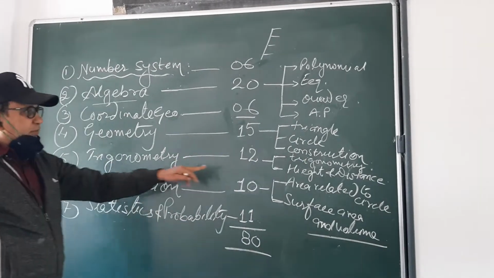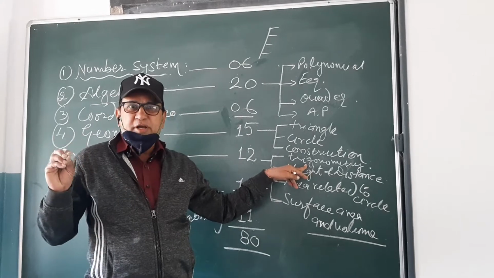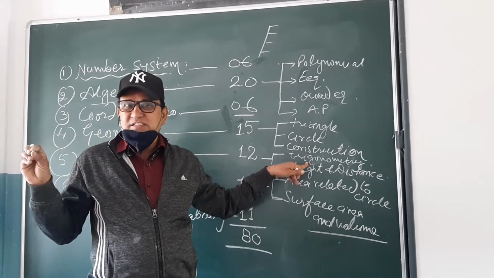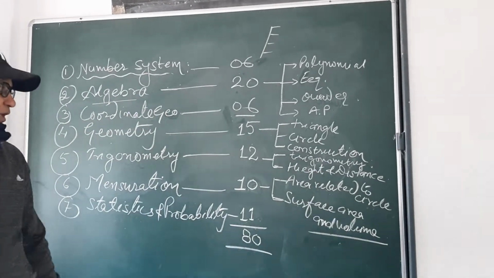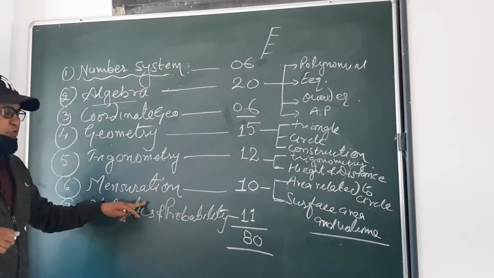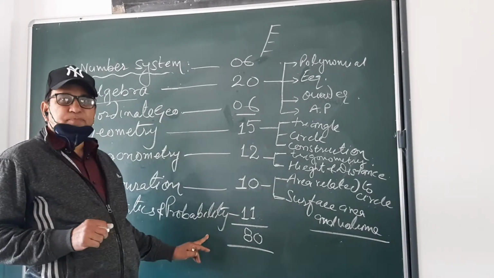Then trigonometry is divided into two parts. In trigonometry we have some simple concepts, introduction to trigonometry, then angles, values of the angles, and then simple identities of trigonometry, the Pythagorean identity, and then height and distance, which means application of trigonometry. Then mensuration, 10 marks, statistics and probability, right?